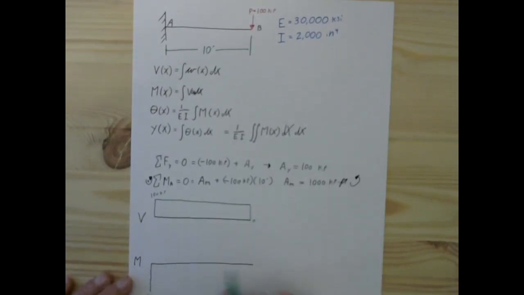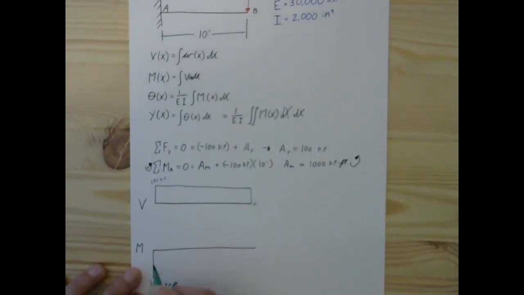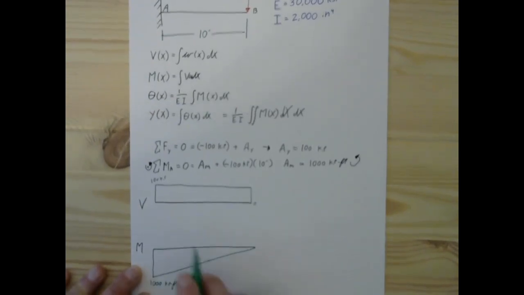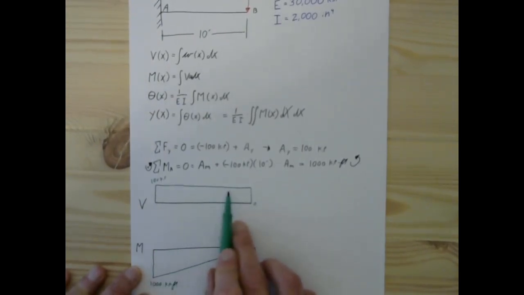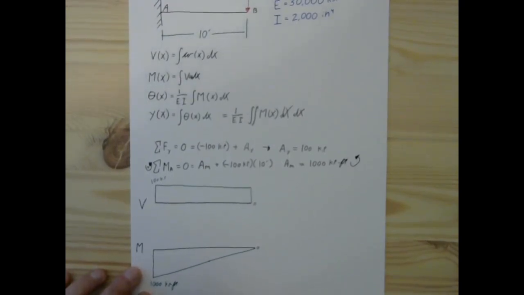Keep in mind our sign convention, and it's going to go up linearly. It's going to go up 1,000 kip feet linearly, because that's the area under our shear function. We end at 0. Good. The free end should have 0.